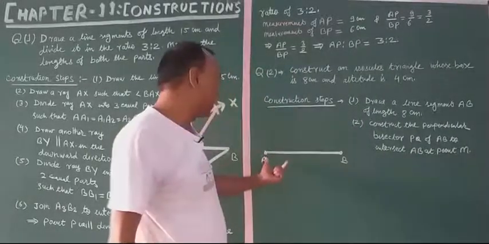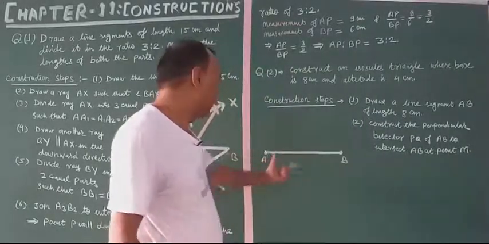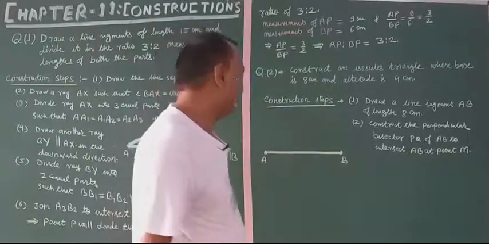Now what we will do? We will construct the perpendicular bisector of this AB. And how?